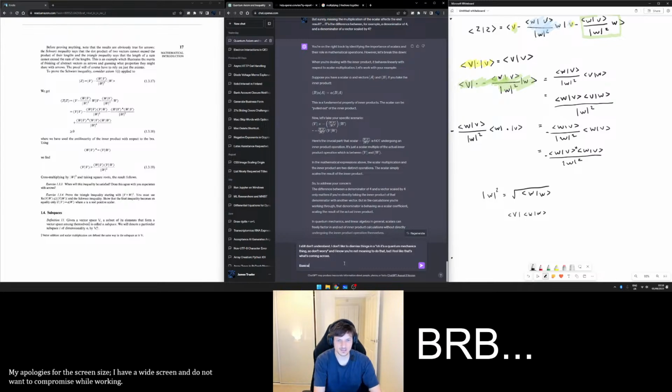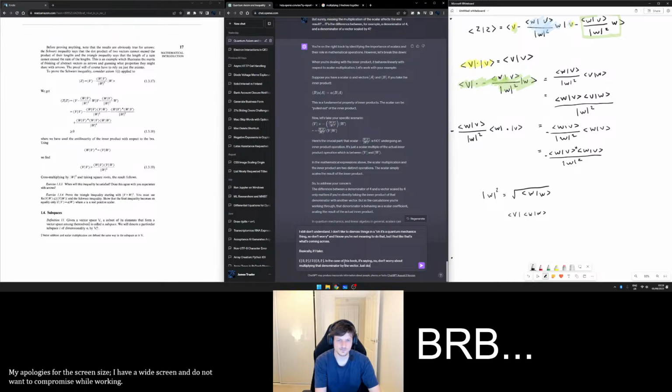Basically, if I take 1 or 2 divided by 3 multiplied by 2, in the case of this book, it's saying, no, don't worry about multiplying that denominator by the vector.